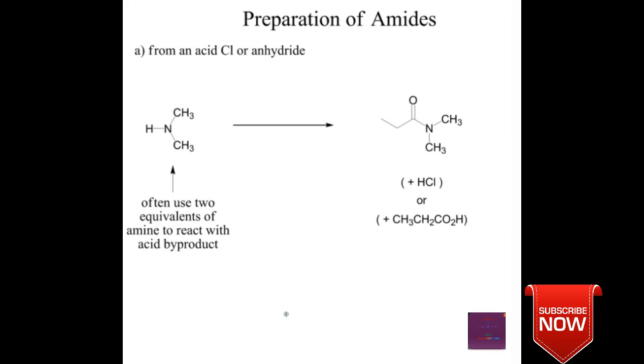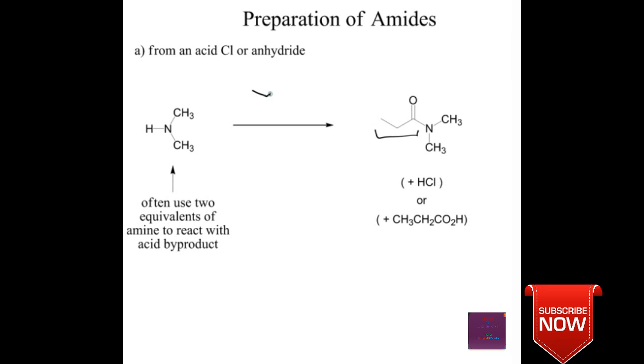So first of all, we can start with our acid chloride or anhydride. Remember, those are the two best leaving groups, and that would be a great way to make an amide. So for example, if I started with this amine and I wanted to make this amide, I just added a 1, 2, 3 carbon carbonyl.